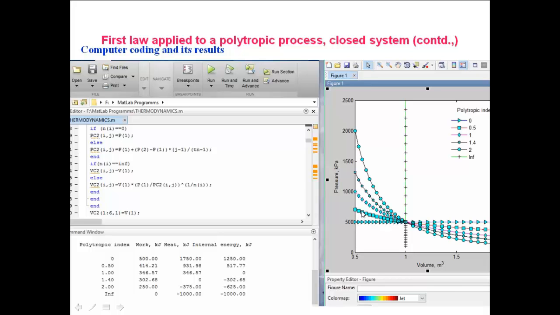This is 0, 0.5, 1, 1.4, 2, and this one is infinity. This is the direction of increase in the value of the polytropic index. In the expansion, n is equal to 0, 0.5, 1, 1.4, 2 and this is infinity.